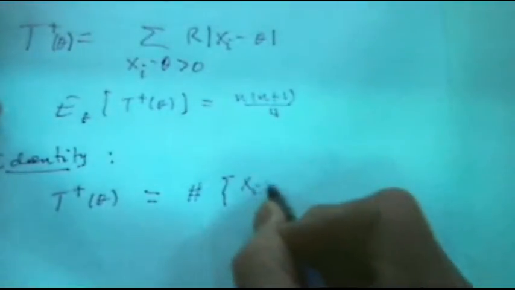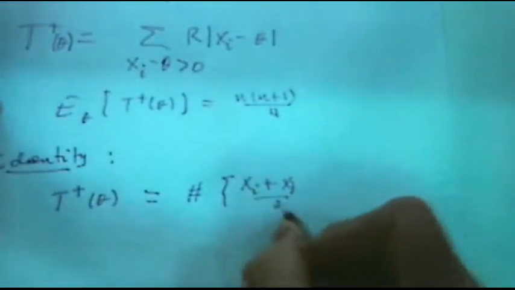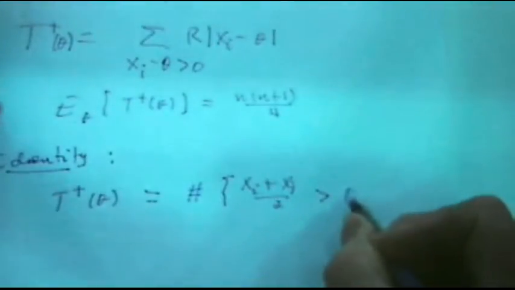And the identity is this: D plus of theta is also equal to the number of Walsh averages which are greater than theta. Now these pairwise averages are called Walsh averages.